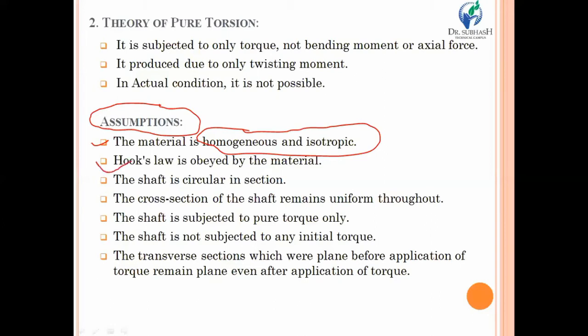Second, Hooke's law is obeyed by the material. That means, due to what we have discussed, the material is isotropic, so of course Hooke's law is valid up to the proportional limit in this material. So stress is directly proportional to strain, in short. Third consideration is that the shaft is circular in section.